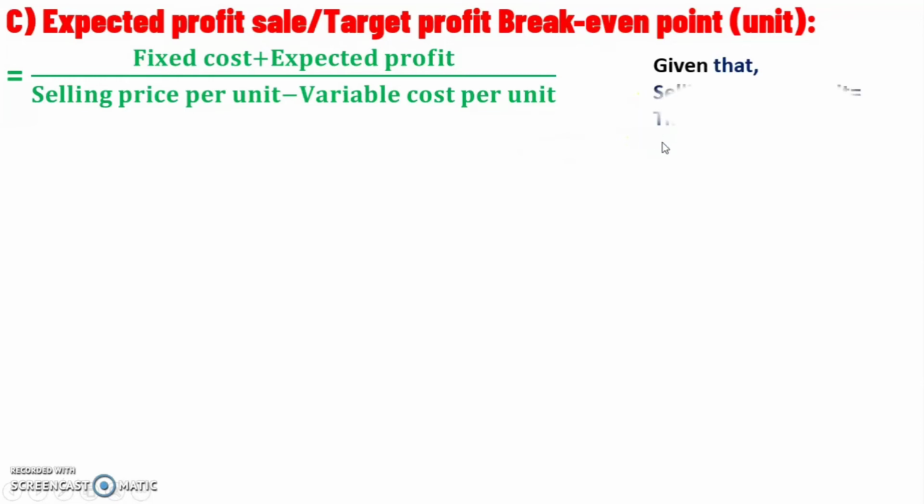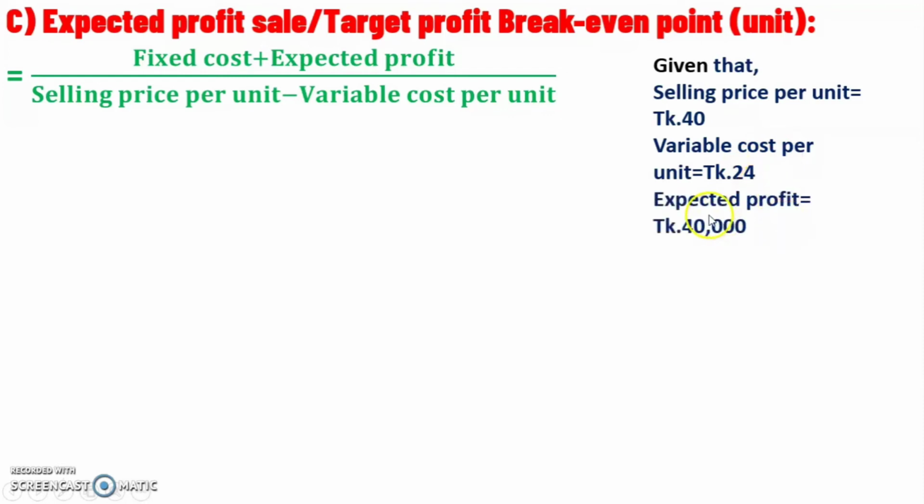Given that selling price per unit equals taka 40, variable cost per unit equals taka 24, expected profit or target profit equals taka 40,000, fixed cost equals question mark.